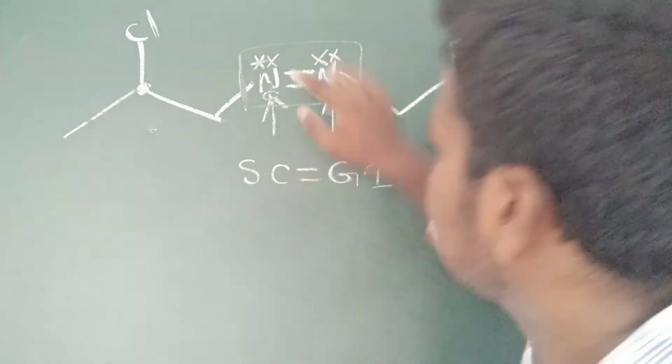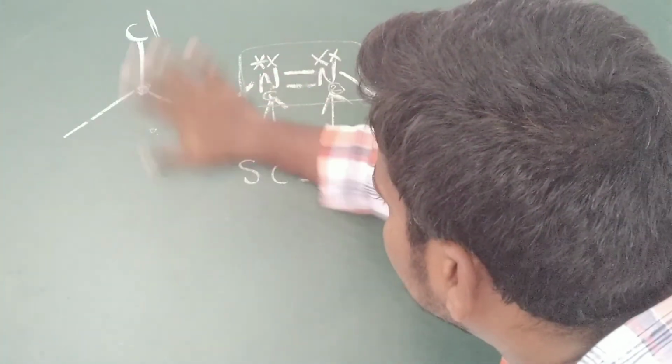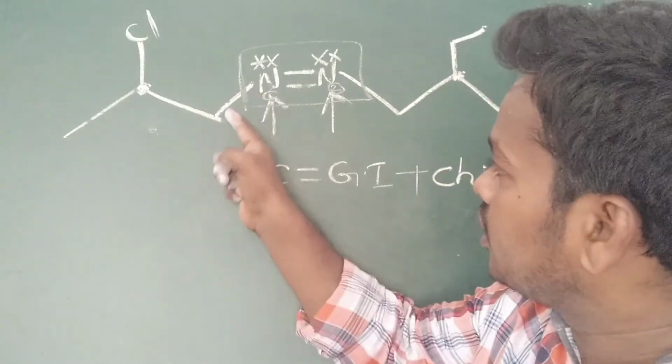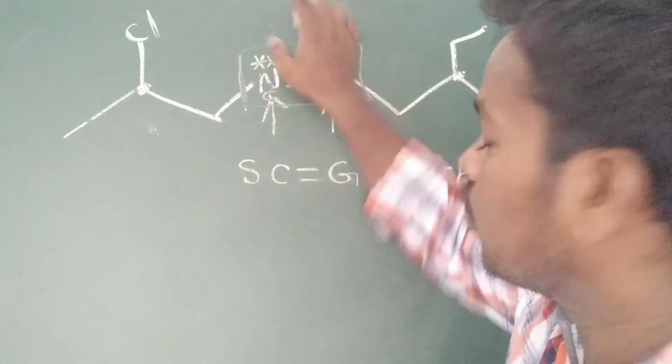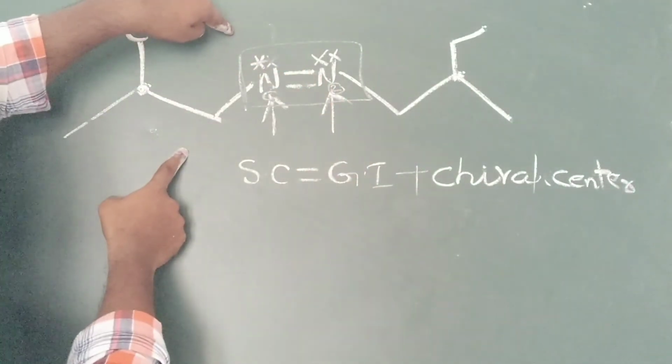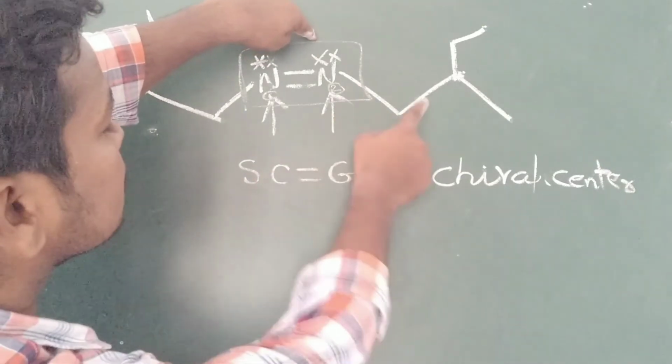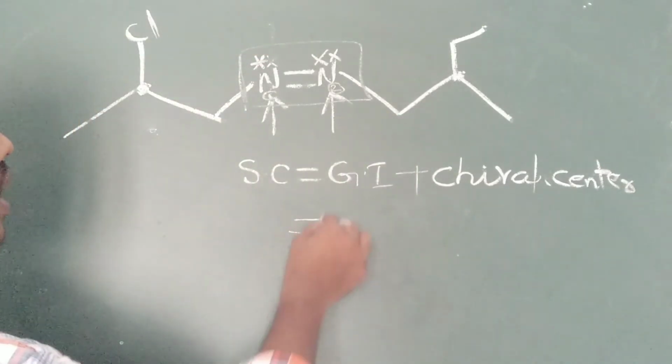See here, this is attached with this group, the total group. You should not take only this carbon, but the total group, this molecule. One is a lone pair, also counted as a group. So this is different. Here also you can see this is different. This is the number of geometrical isomerism.